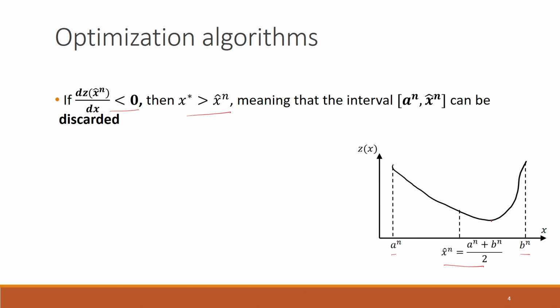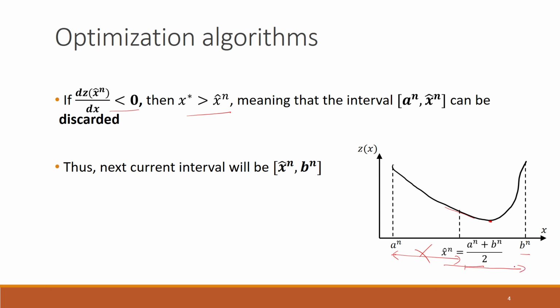The optimum solution lies here. Since the derivative at the middle point comes out to be negative, the interval from a_n till the middle point x hat n can be discarded, and therefore the next interval will be from x hat n to b_n.